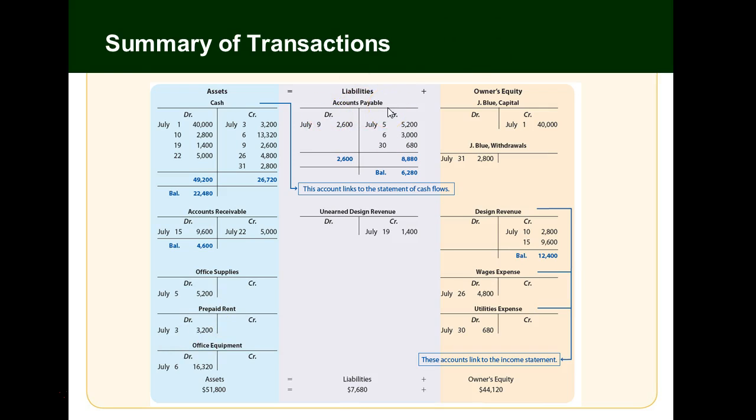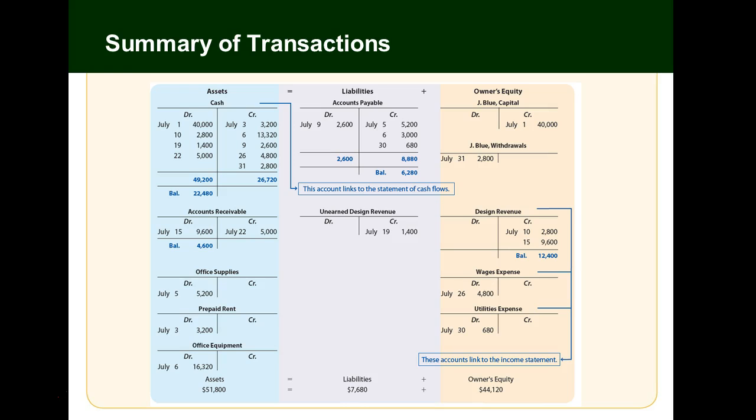Accounts payable, a credit of $6,280. Unearned design revenue, a credit of $1,400. J Blue Capital, a credit of $40,000. J Blue Withdrawals, a debit of $2,800. Design revenue, a credit of $12,400. Wages expense, a debit of $4,800. Utilities expense, a debit of $680.